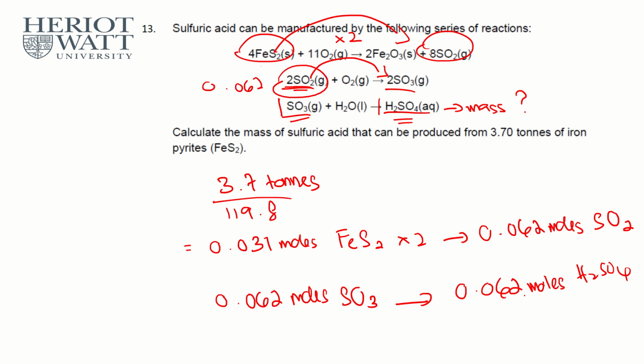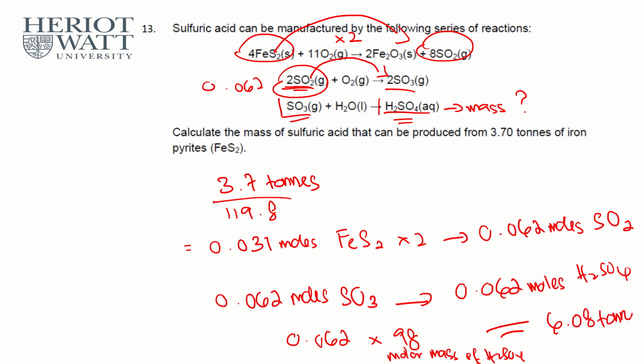Once I have the mole, it's very simple. It's just 0.062 multiplied by the molar mass of sulfuric acid, which is 98, equivalent to 6.08 tons. Now, you may be asking why am I getting tons straight away?